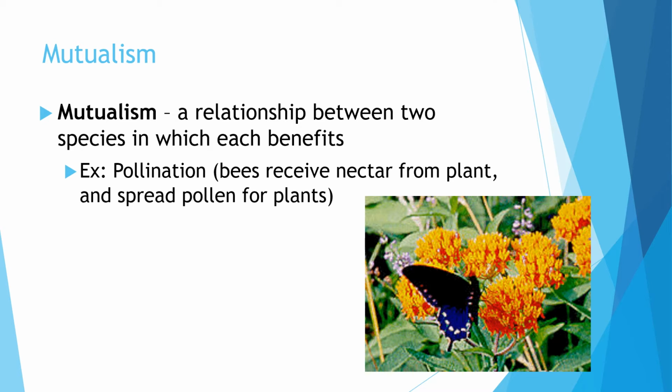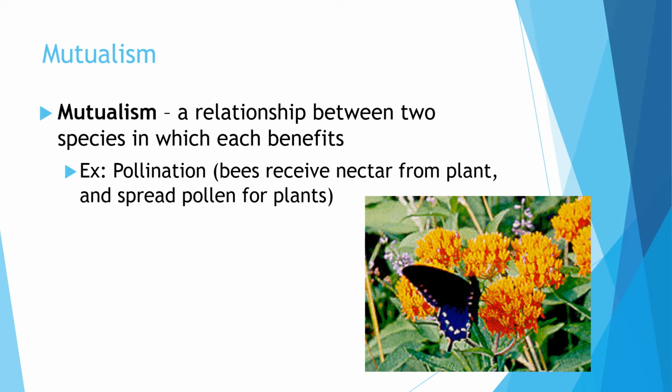So on this first slide, we have something called mutualism. Mutualism is an example of symbiosis. It is a relationship between two species in which each benefits. So both organisms in the relationship benefit. An example of this would be pollination. Bees receive nectar from the plant and spread pollen for plants.